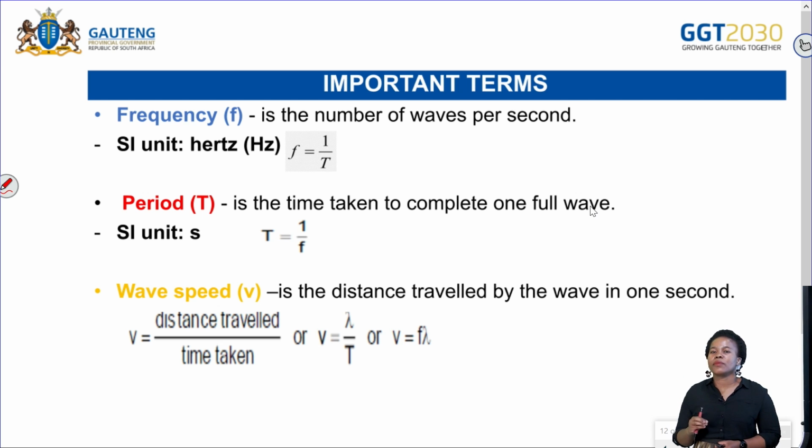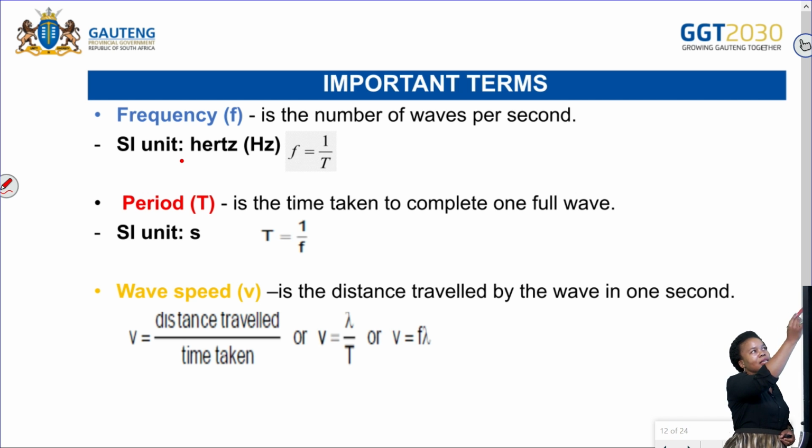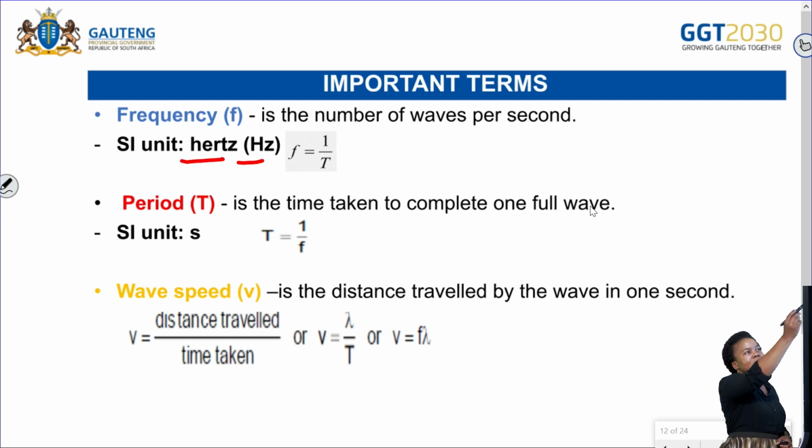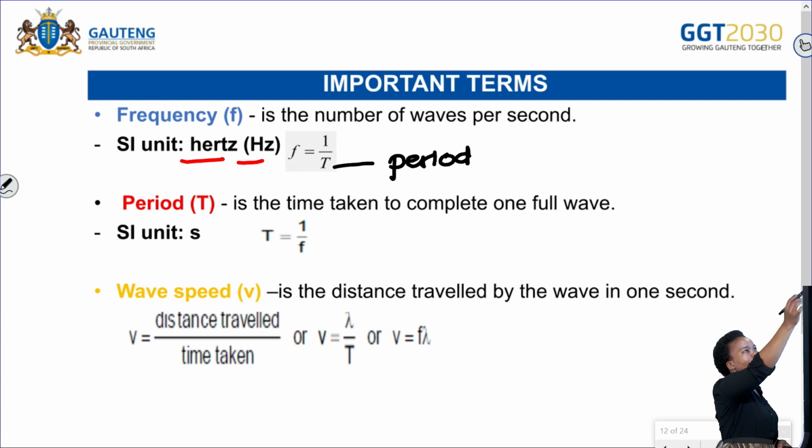We measure it using hertz and we abbreviate it as capital letter H and small letter z. So if we want to calculate frequency, we say f, which is your small letter f, is equal to 1 over period. This is your frequency, this is your period, and it has to be in seconds.